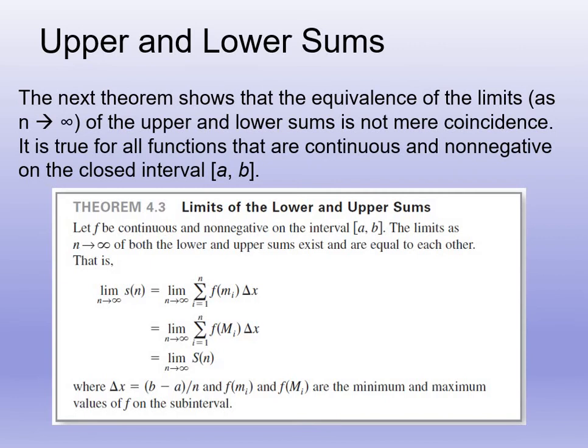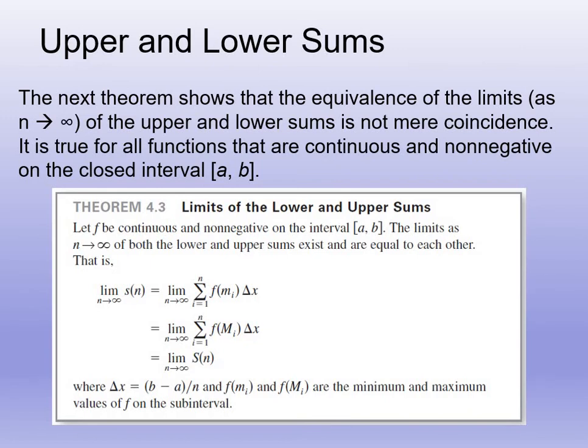So we can take the limit as n approaches infinity of s of n, and we can write this down as the limit as n approaches infinity of the sum from i equals 1 to n of f of little m i delta x, and it also equals the limit as n approaches infinity of the sum from i equals 1 to n of f of capital M i.